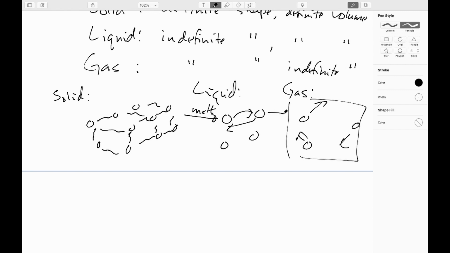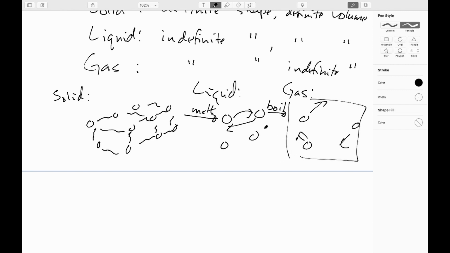And similarly here, if you add enough energy to the liquid, you'll eventually get to the point where the molecules are so agitated that this weaker form of intermolecular attraction is no longer enough, and it becomes energetically favorable for this level of bonding to rip apart, and this will get called boiling.